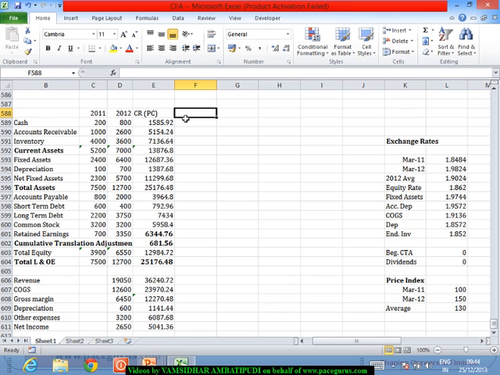Okay, let me start step by step. Here I call it the temporal method of presentation. All monetary assets and liabilities, I convert using the current rate itself.